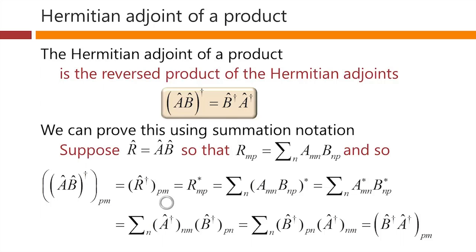And the pm element of R Hermitian adjoint is the complex conjugate of the mpth element. And that's the definition of taking the Hermitian adjoint.